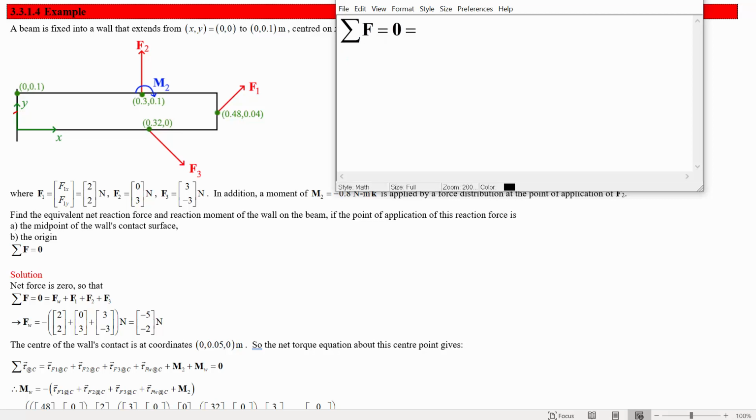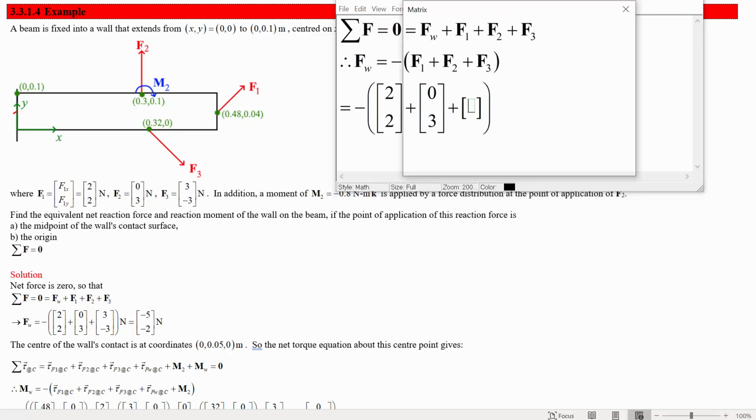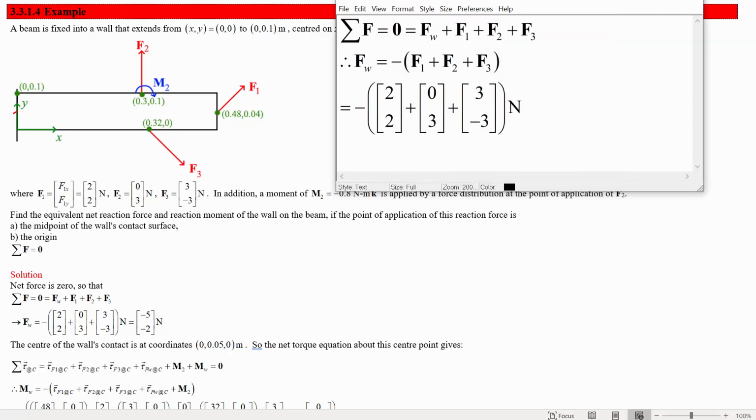So we've got the wall force plus F1 plus F2 plus F3, and therefore the wall force is equal to negative F1 plus F2 plus F3, which in this case is going to be equal to negative, let's just work in 2D here, negative 2, 2 plus 0, 3 and 3, negative 3 newtons, which will give us, let's see, negative 5, and then we've got negative 2 newtons.